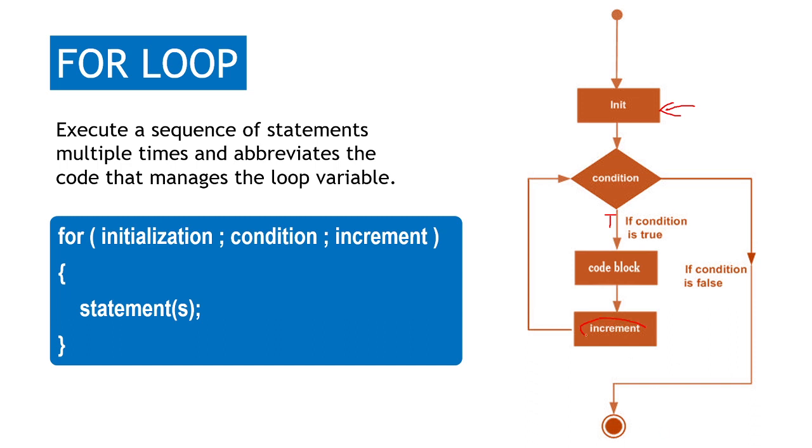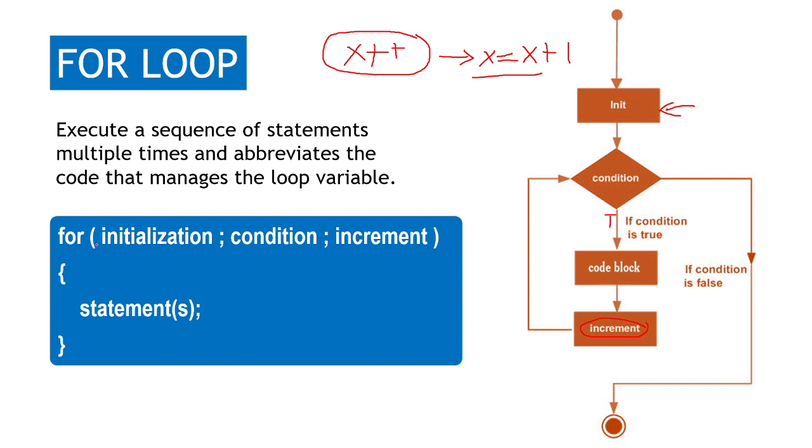Now, what does increment mean? Increment means to increase. So for example, you have x plus plus. This is an increment, which basically means x is equal to x plus 1. So this is what we call increment by 1.